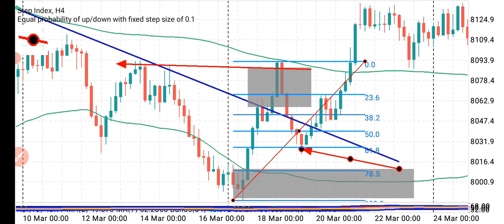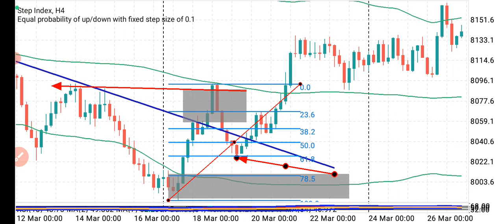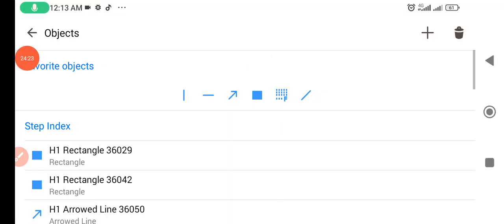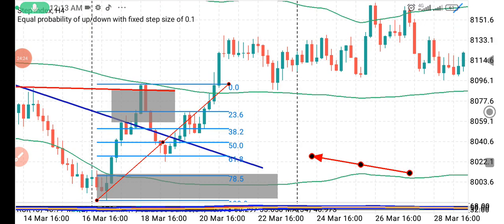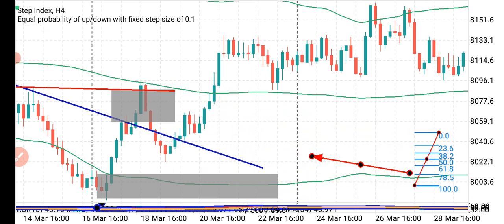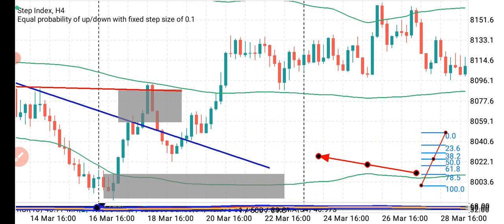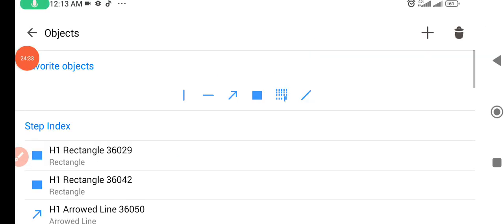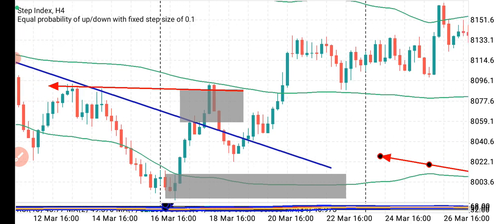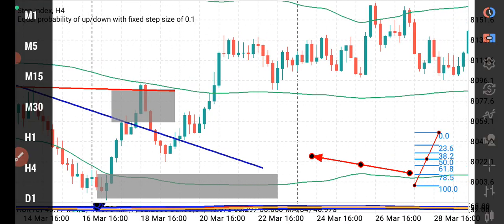a new higher low. So I will say, for us to create our trend line, we need a low and a higher low in an uptrend. And here you can join your trend line.